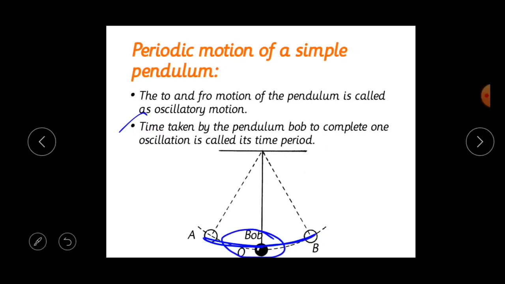So the time taken by this pendulum to complete one oscillation is called the time period. Understood what is time period?